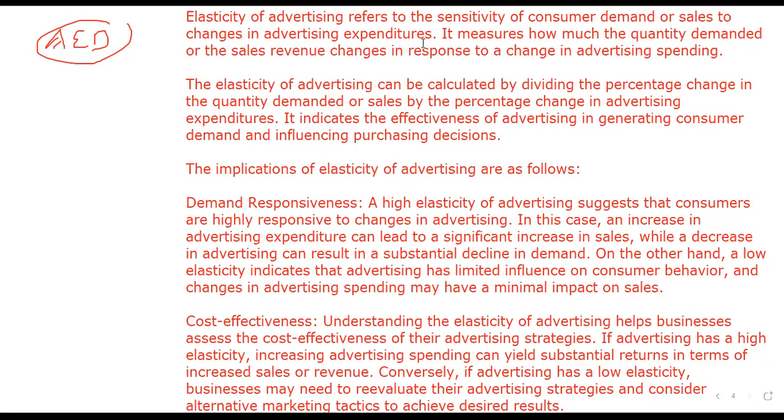So whenever you're looking at advertising elasticity, we're basically looking at how much quantity will be demanded or how much sales revenue we will have due to changes in our advertising budget. So the elasticity of advertising can be calculated by dividing the percentage change in quantity demanded over the percentage change in advertising. So it indicates how effective our advertising is.